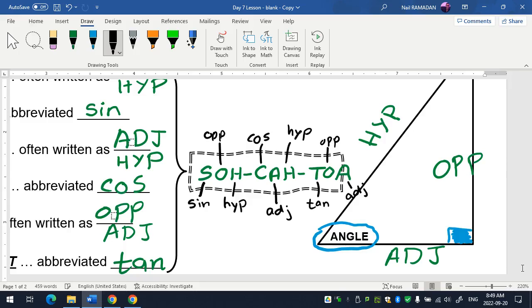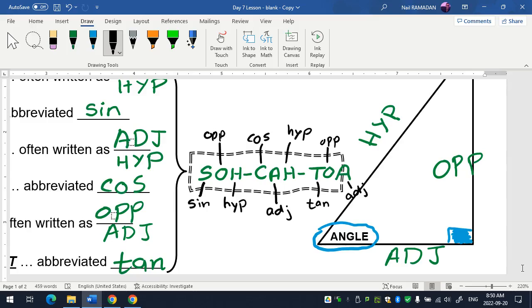Sorry, it went into the triangle, but you know. And that's why SOH-CAH-TOA is a quick way to remember which one is defined in terms of which two. The sine is defined in terms of opposite and hypotenuse. The cosine is defined in terms of adjacent and hypotenuse. The tan is defined in terms of opposite and adjacent.